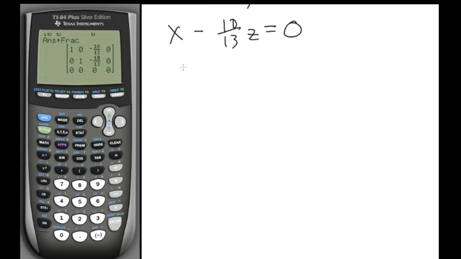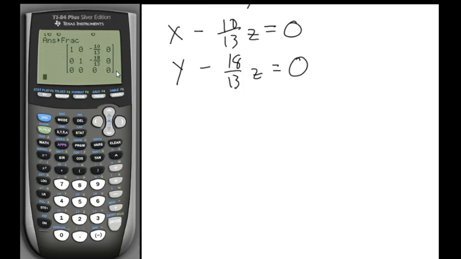The second row is 0x plus 1y minus 18/13 z equals 0. And then the bottom equation is just 0 equals 0. Anytime we have a row of zeros across the bottom, that tells us we have an infinite number of solutions, which you'll always have for a closed system input-output matrix.